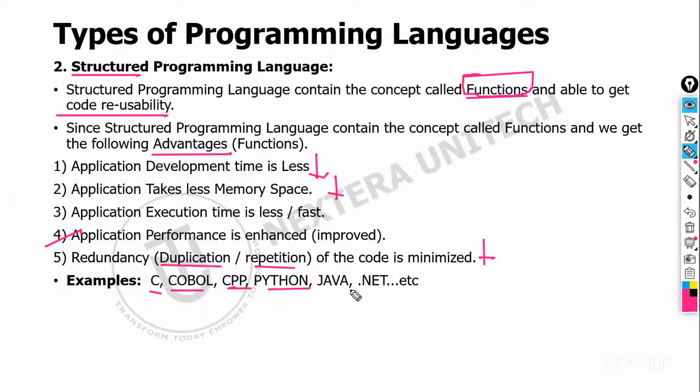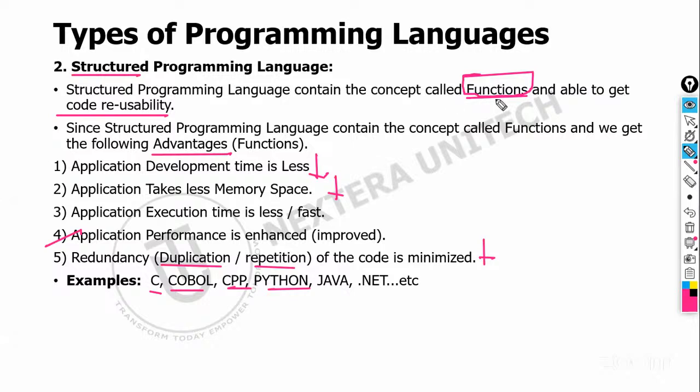All of these are structured programming languages, which means all these programming languages contain the concept of functions. We can create functions, right? Yes. So this is the history that we have with respect to functions.